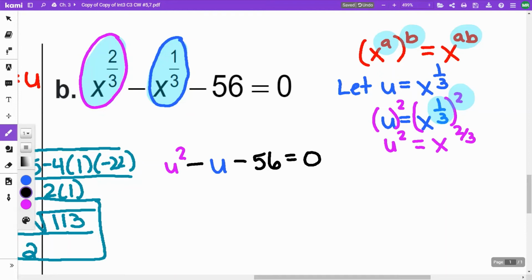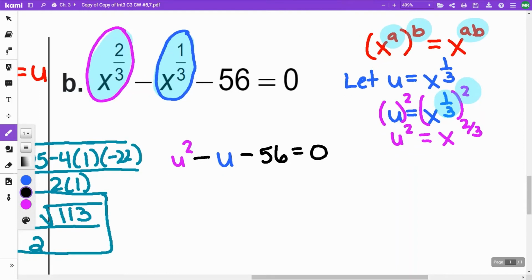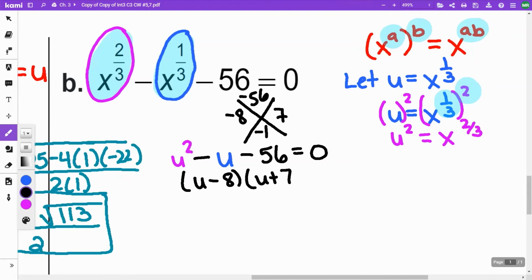I'm going to have to deal with them, but I'll deal with them at the end. So this is one I can just do a diamond. What multiplies to negative 56 and adds to a -1? Well, that's going to be a -8 and a 7. So this is going to be a u minus 8 and a u plus 7 is equal to 0.